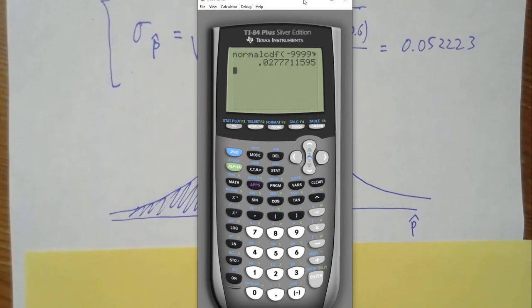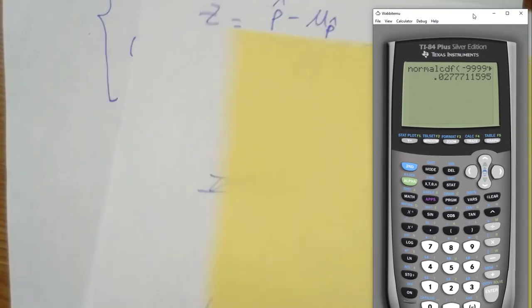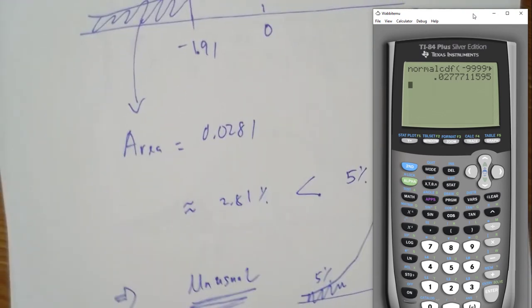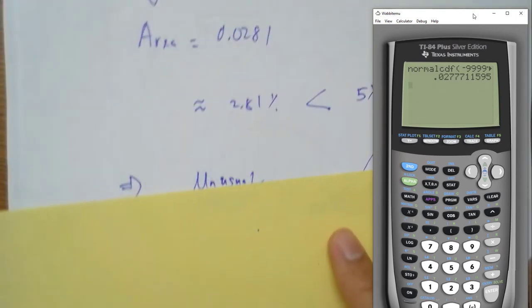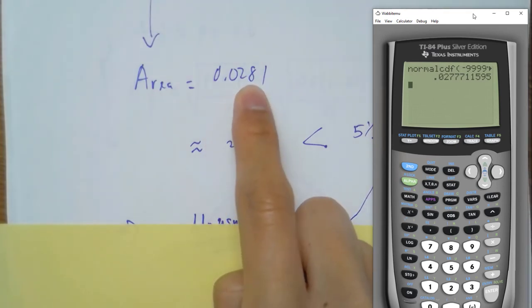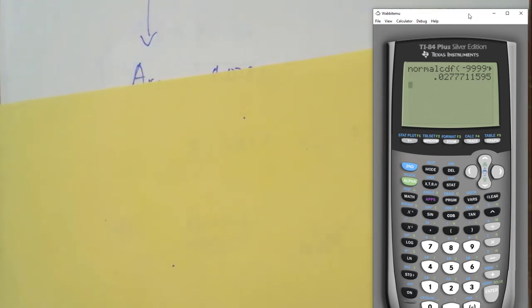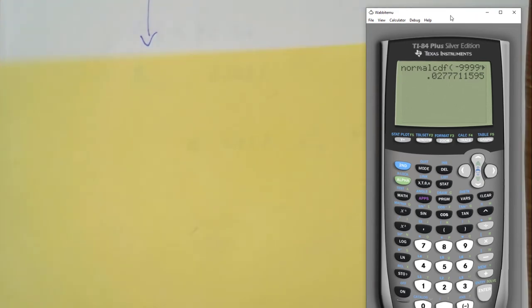And then I would get the same thing, 0.0277. That should be the same thing here, 0.028. They round it up, but the calculators would give you the exact value.